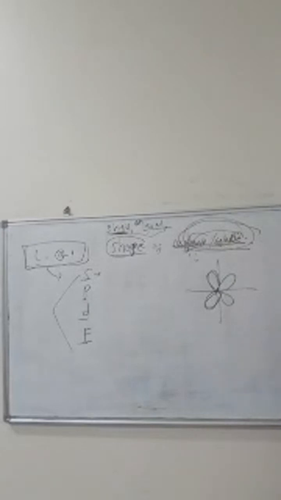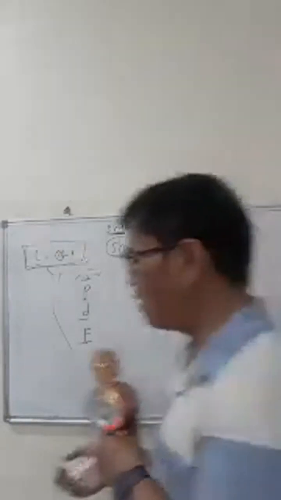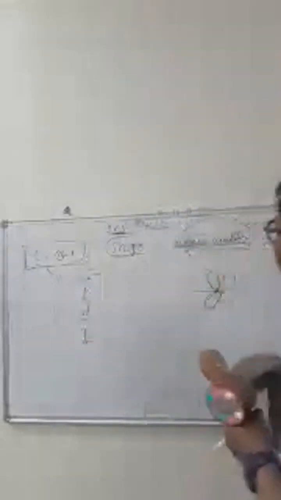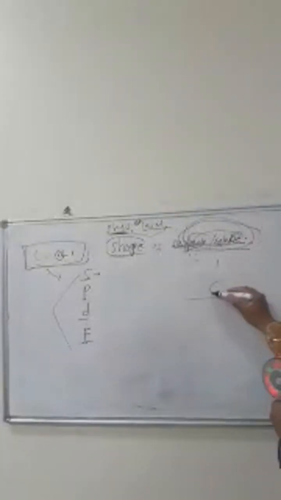Now our F is very complicated. It keeps on rotating, so we cannot determine exactly the shape, but it's going to be like this. There are so many F. The general shape for the F will be like this, and then like this here.